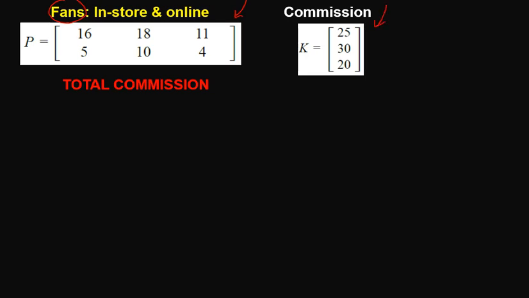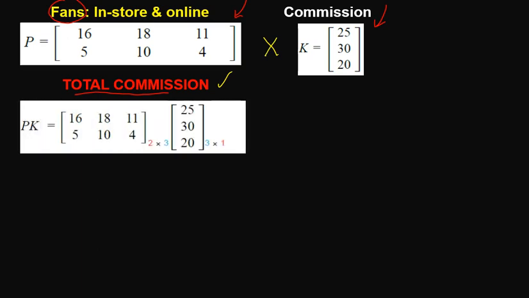So if you want to calculate the total commission, you just times these two matrices. Yeah, so what you do is this one, right? You just times it. So how to times these two matrices?